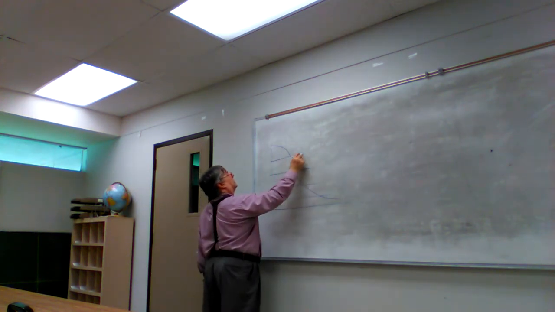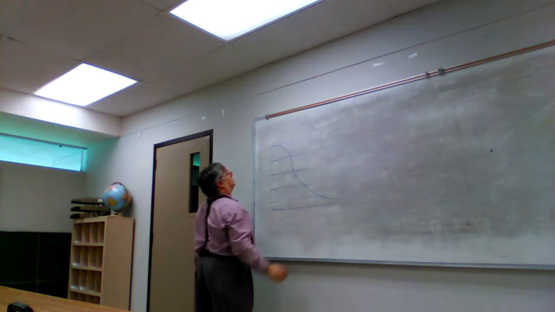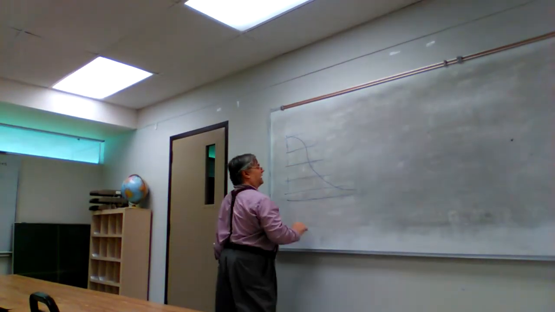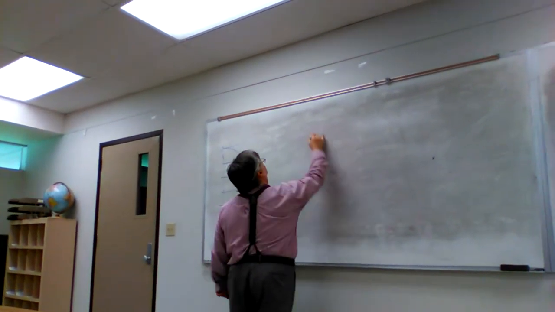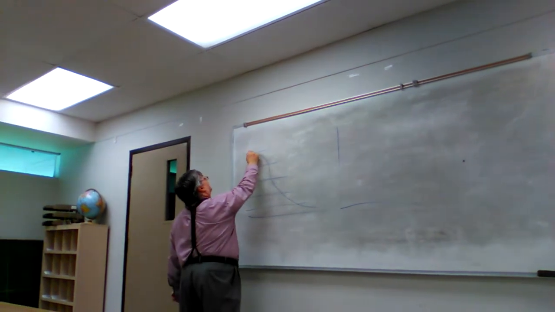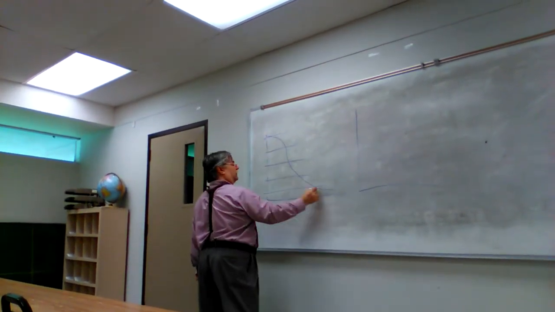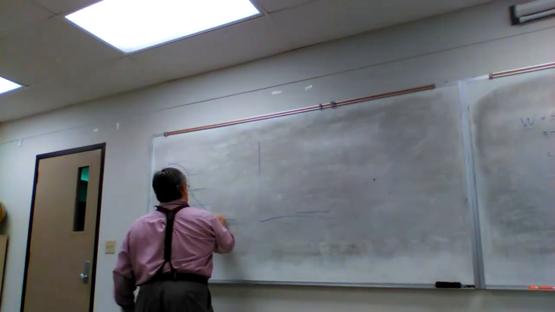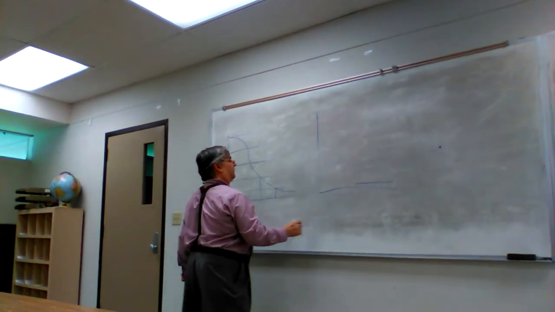And now to plot this map out in two dimensions, you have the lines of this elevation that are this far apart.